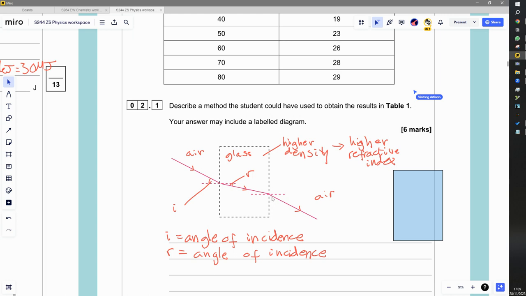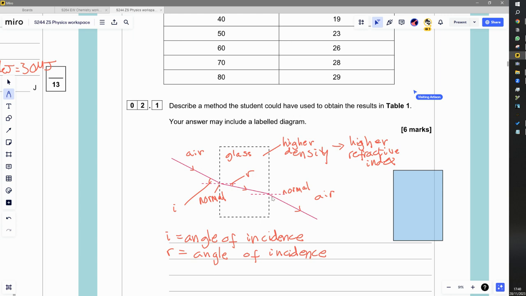You also need to make sure that you draw a normal. So this is the normal here, and so is that dotted line there. And that you draw a normal at the point at which the light is going into the glass block and at 90 degrees to the glass block.